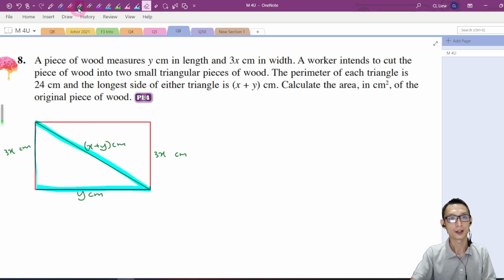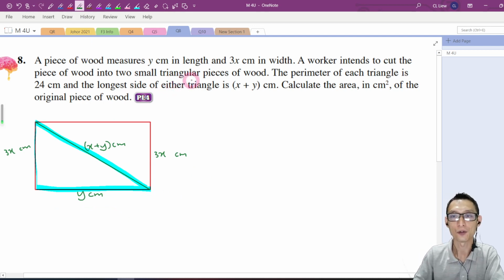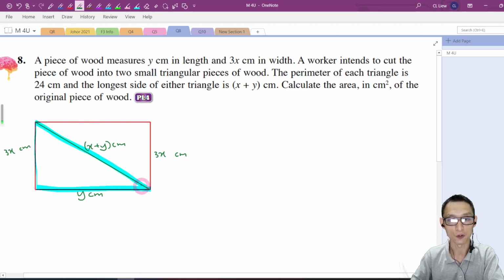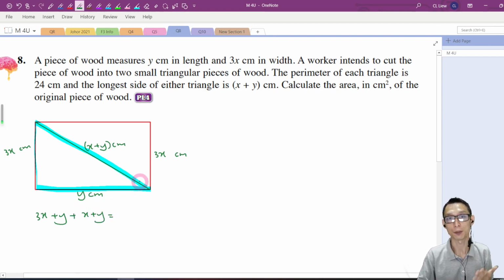Okay, now we need to form two equations first. The perimeter of each triangle is 24 centimeters. So how do we get the perimeter of this triangle? It is equal to 3x plus y plus x plus y, right? This will be the perimeter of this triangular piece of wood, which is equal to 24 centimeters.